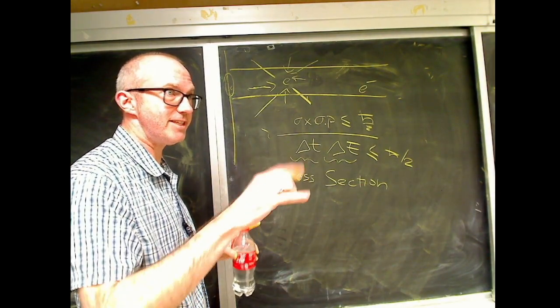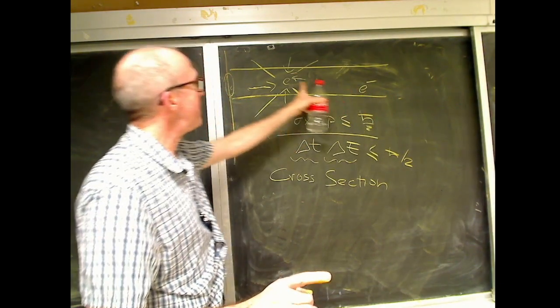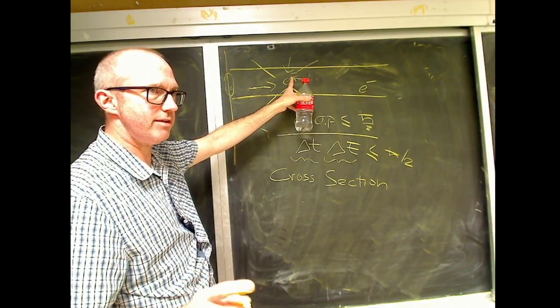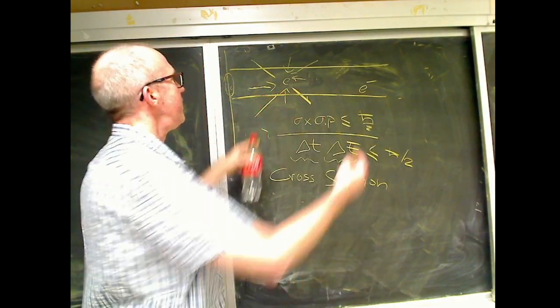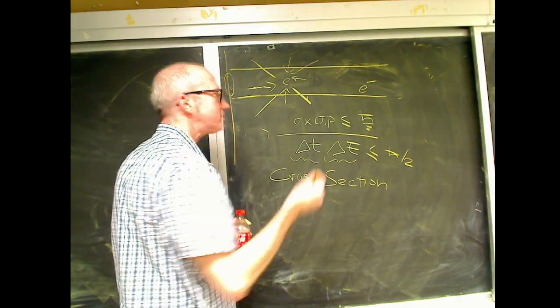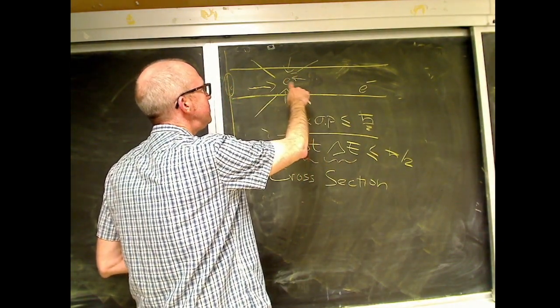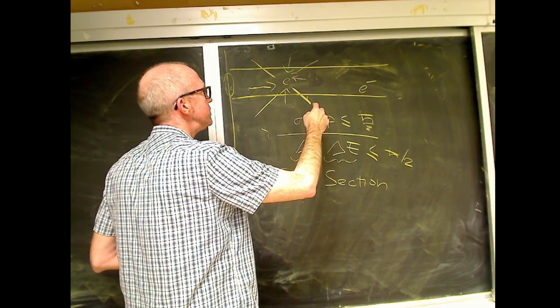But let's just think for a second. I can fix an electron, which I can't really do, but let's pretend I can, and I just shoot electrons at it. They're just going to hook around, being repelled from the electric field. There's going to be quantum mechanical interference if you really do it, but let's be classical for a second.